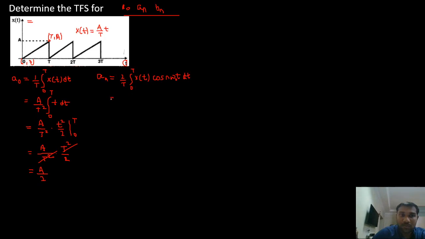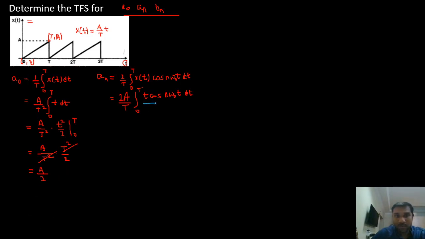That is equal to, again, in place of x of t, A t by T. So 2A by capital T integral 0 to T t into cos n omega naught t dt. Now we have to integrate this. We have to solve this integral.